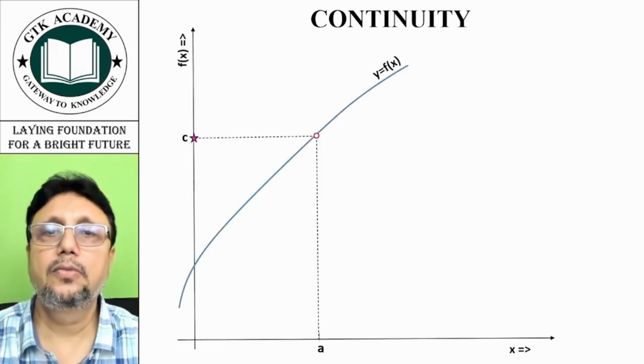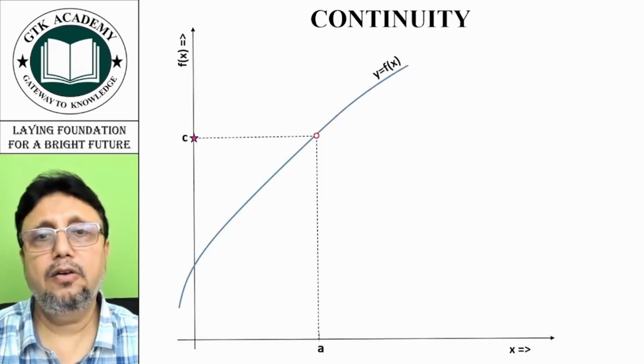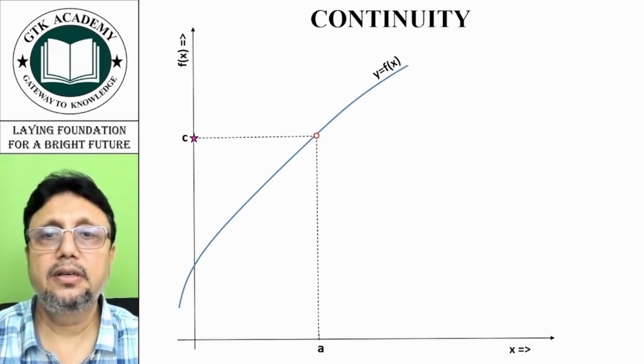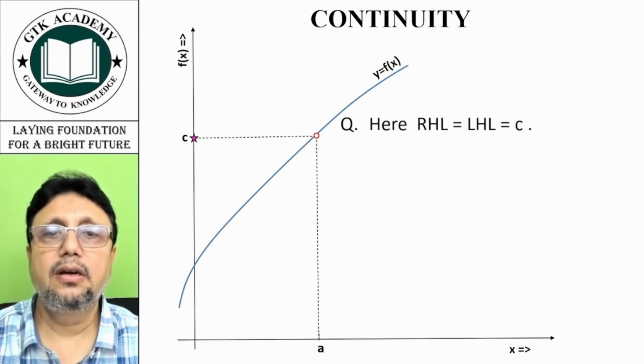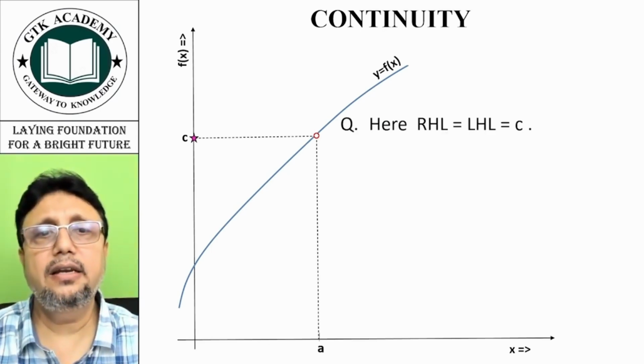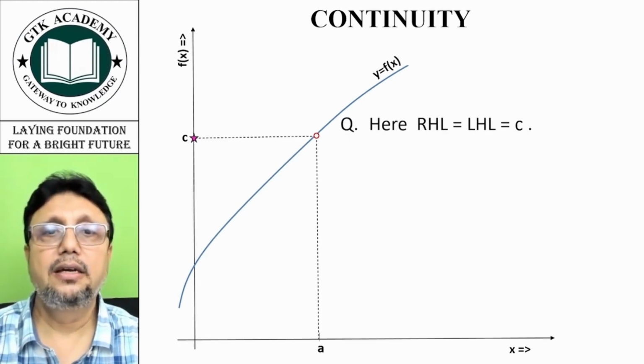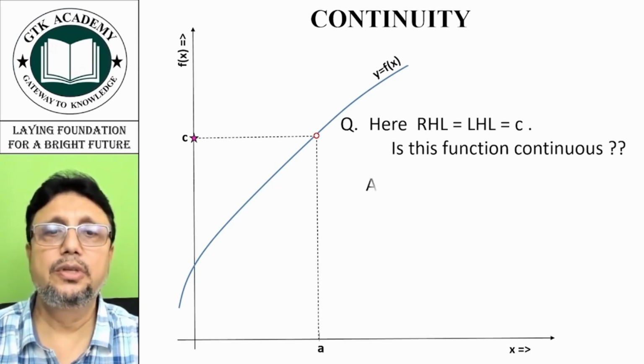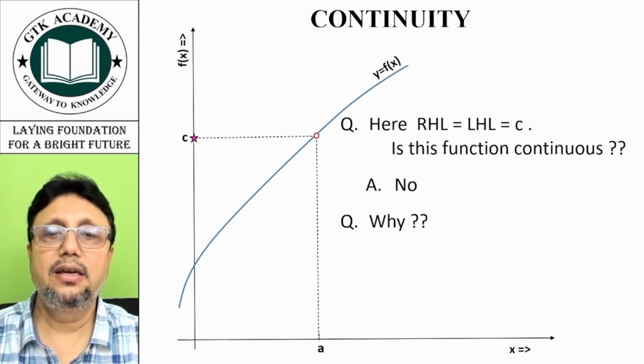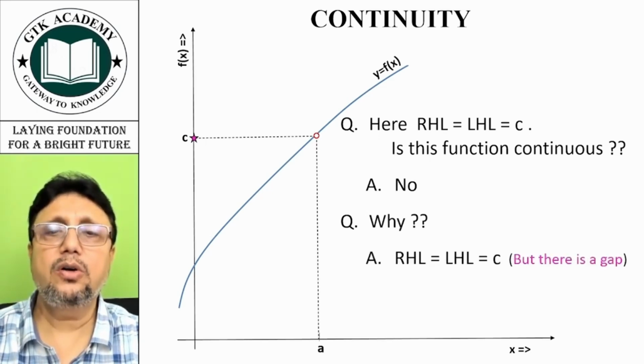Okay. Another function is depicted here. The right hand and left hand limits are both equal to c. Is this function continuous? You will say no. Why? Because the right hand limit and left hand limit are equal, but there is a gap.